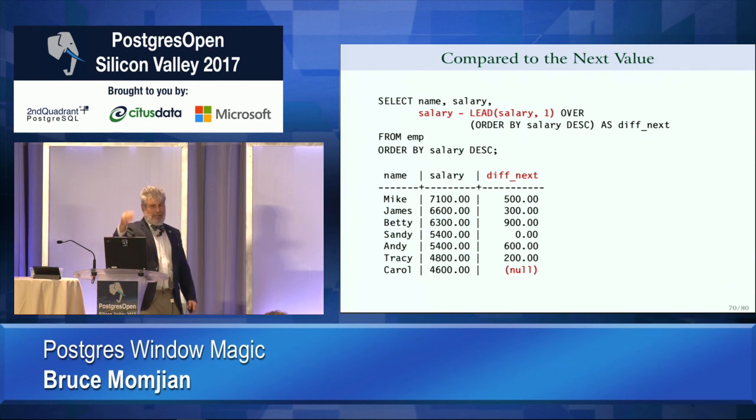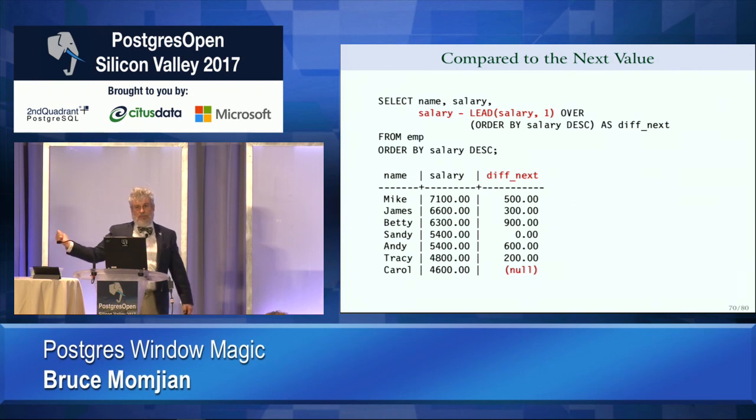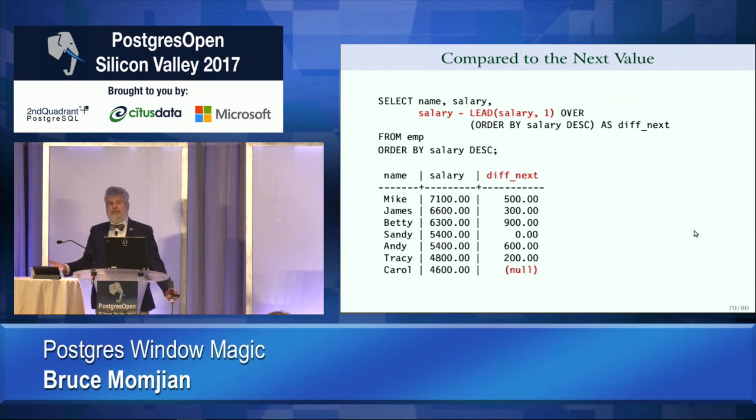And you can see exactly what we'd expect. The last value is null because there is no value after it. Okay? And you can see the 0 right here. That's because these two people make the same salary. Right? So there's no difference between the two of them. Makes sense. Okay?